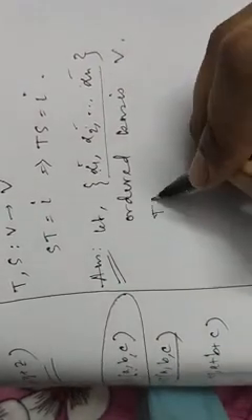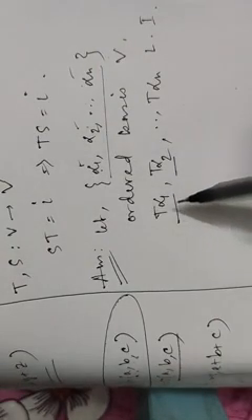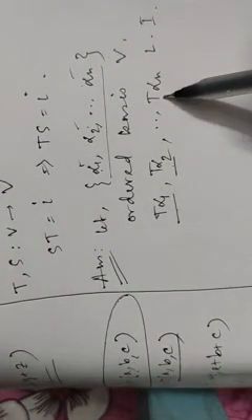Now we will prove that its images, that is T alpha 1 comma T alpha 2 comma dot dot T alpha n, are linearly independent over V, obviously, because these belong to the codomain set, which is V here. We will prove these are linearly independent.